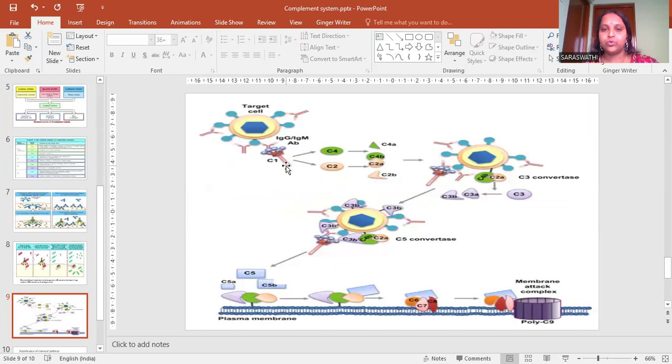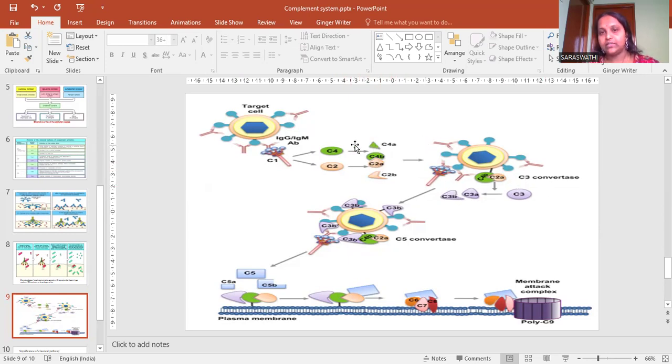Activated C1 will cleave C4 into C4A and C4B. C4A diffuses, and likewise it will cleave another complement protein, C2. C2 is cleaved into C2A and C2B. C2B diffuses, and the C4B as well as the C2A form the C3 convertase.